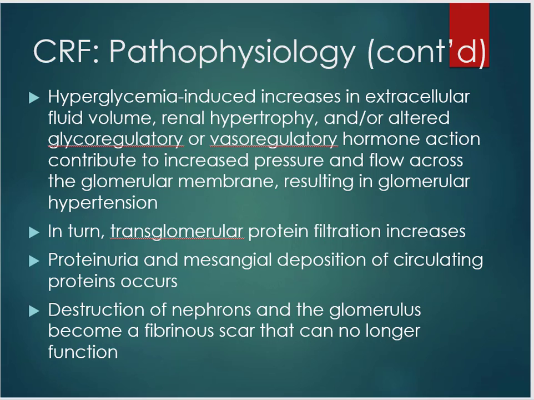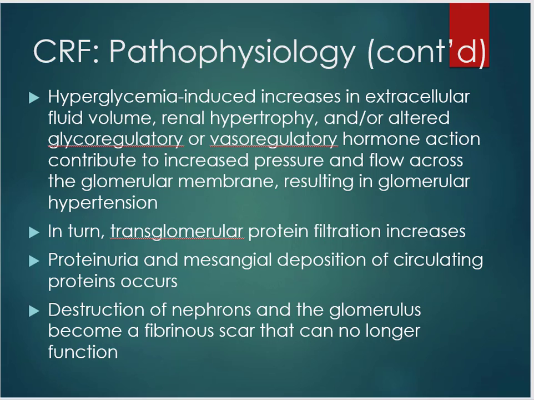Elevated blood sugars, we know, can increase the intracellular fluid volume, which causes renal hypertrophy and alters the hormone action that increases pressure in the glomerular membrane. Increased blood sugar also increases the transglomerular protein filtration process.